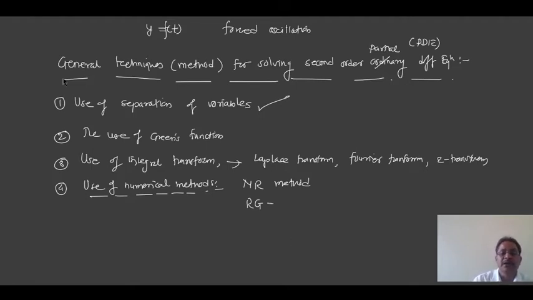Then the Gauss elimination method is there, and the interpolation method is there. All these numerical methods you are going to see, or get trained in, in the computational physics paper. In that case, you are going to come across different types of methods.